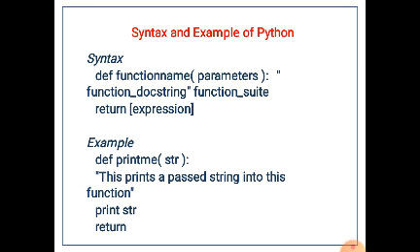So the body of the function contains a sentence that says this prints a passed string into this function. So that is actually str. So whenever you use the word print str, then the whole sentence containing 8 words gets printed using the Python prompt.